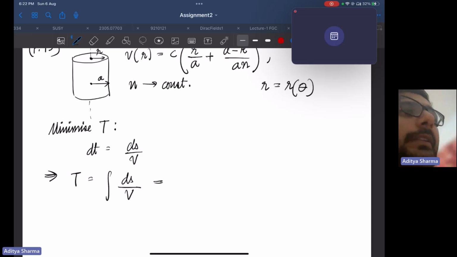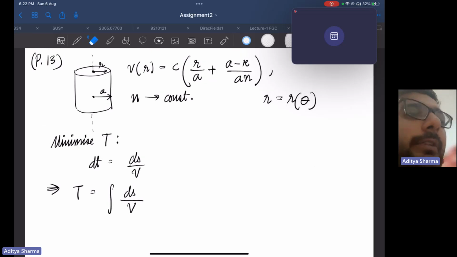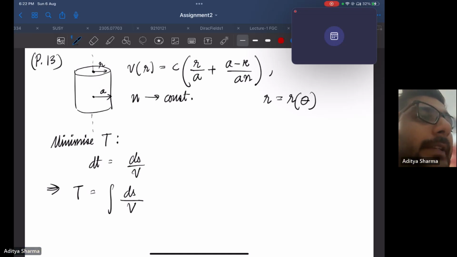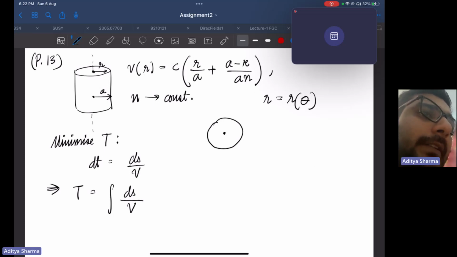You see there is a symmetry in the z direction, so we are not considering the z direction. If you just consider a circle, we can parameterize ds in terms of the polar coordinates.